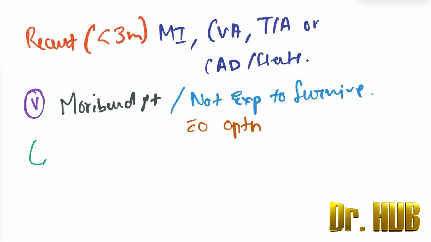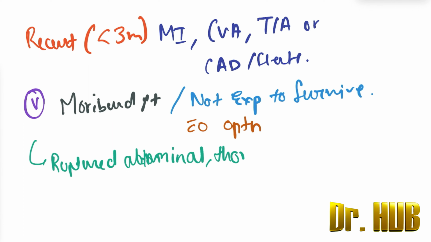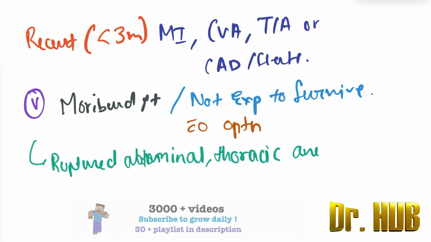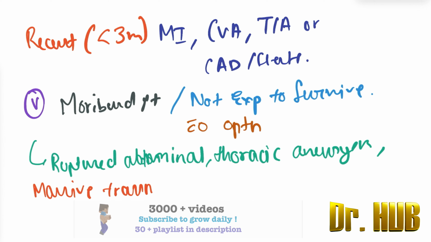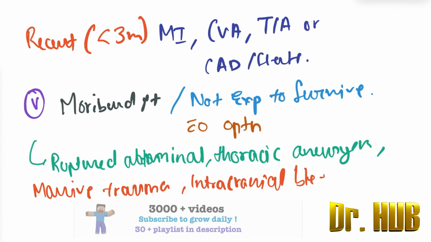The examples include a ruptured abdominal or thoracic aneurysm, massive trauma, and intracranial bleed with mass effect.